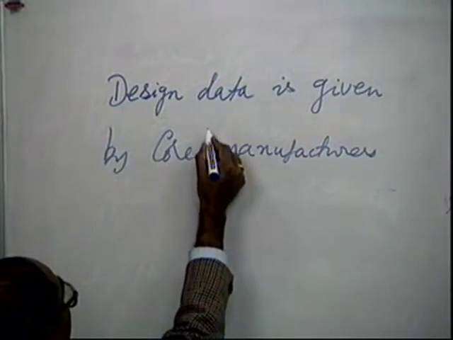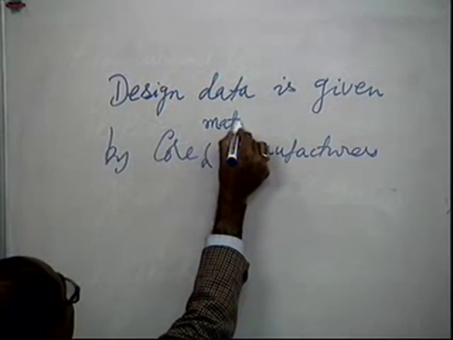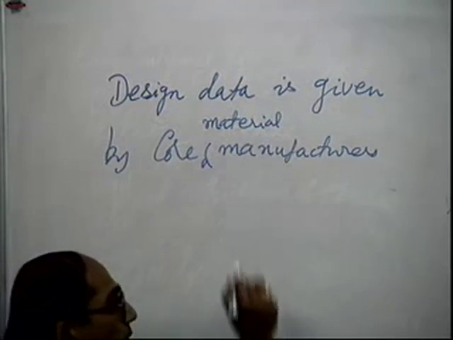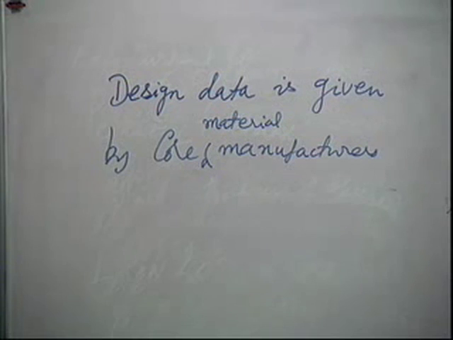Not core manufacturers, because the core you are making; they only provide you the silicon sheet steel. This is also a material science area where you would like to have a very good material. What do you mean by a very good material?